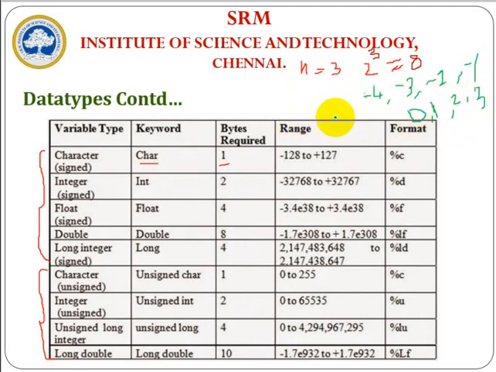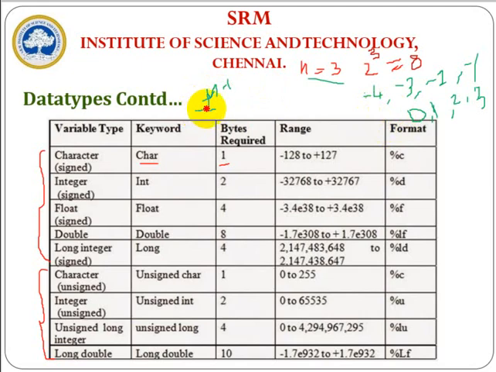So in general we can say 2 power n, which means this is nothing but 4, and 4 means 2 power 2, right? So 2 power n minus 1. Now we are considering the n value as 3, so 3 minus 1 is 2, and 2 to the power of 2 is nothing but 4.